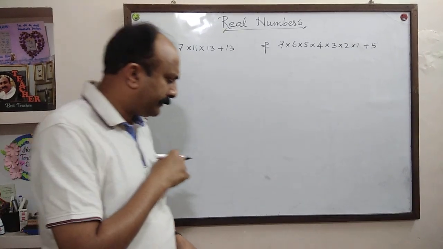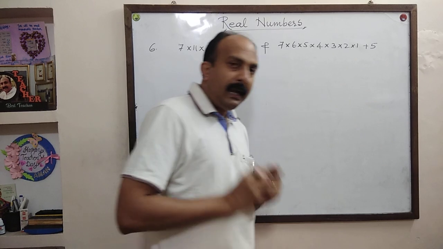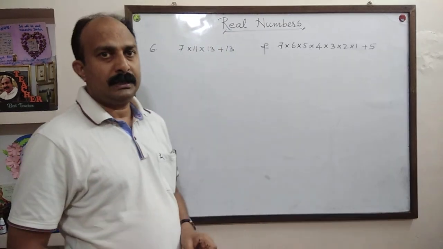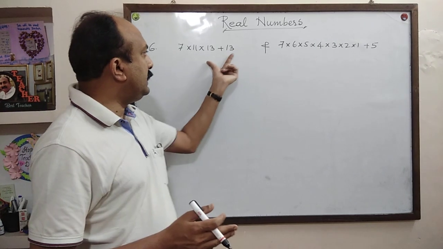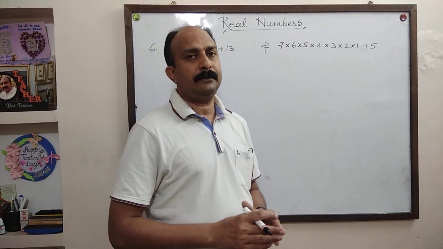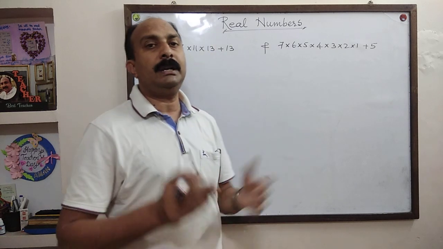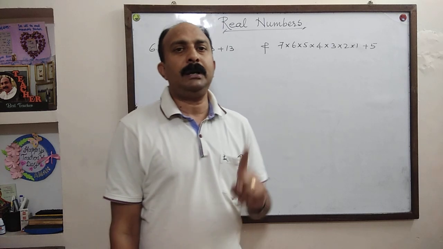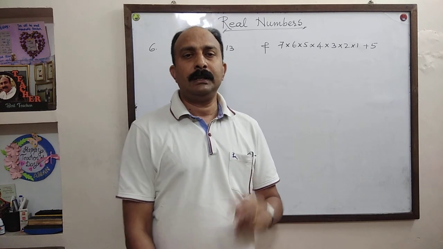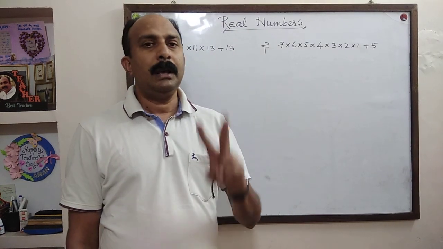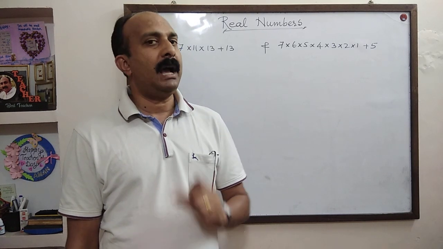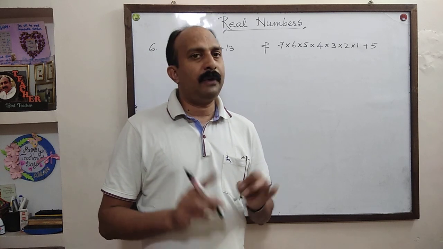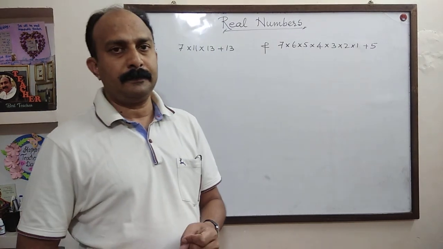What is the question? Explain why this and this are composite numbers. Means you are given that these two numbers are composite. Now you have to explain why it is composite. What is the basic necessity for a number to become composite? That number must have minimum 2 factors other than 1. You know that 1 and the number itself are the factors of every number.